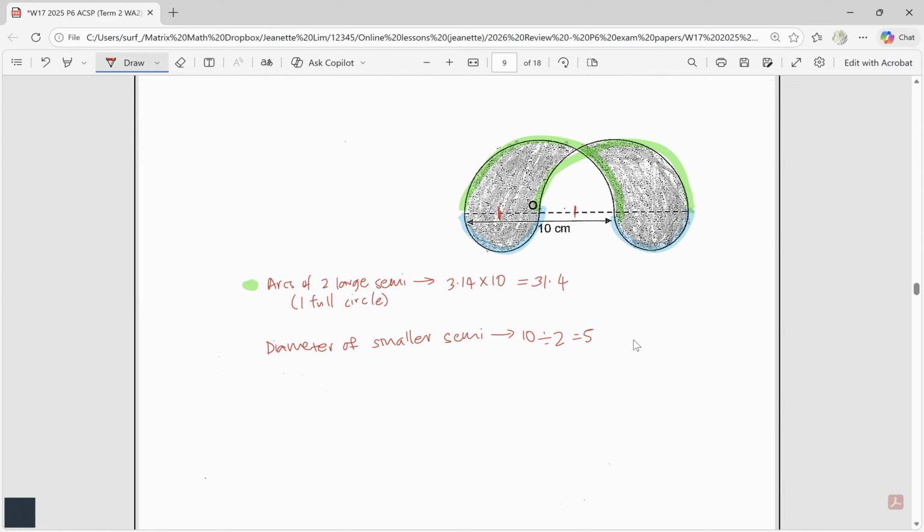Now, the two blue semicircles, right? They gave you one full circle of diameter 5 cm. So the blue ones will be arcs of two small semicircles. And same thing, this will give us one full circle.